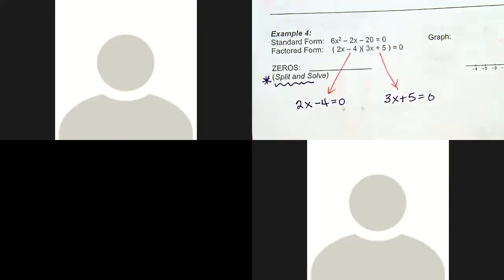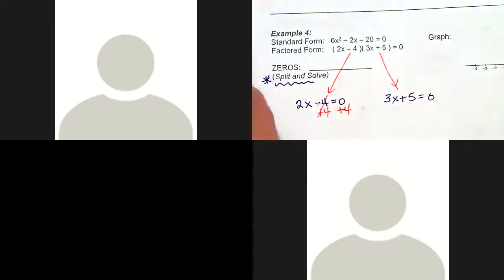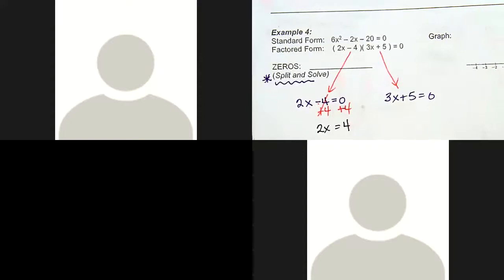So let's see. Let's solve this one. We've got 2 steps to do. What's the first thing? You would have to add 4. Yeah, you look for the add subtract thing. Okay, so it'll be 2x equals 4.